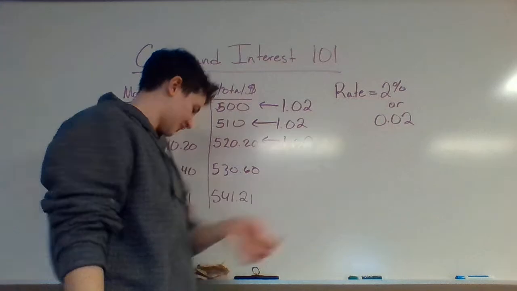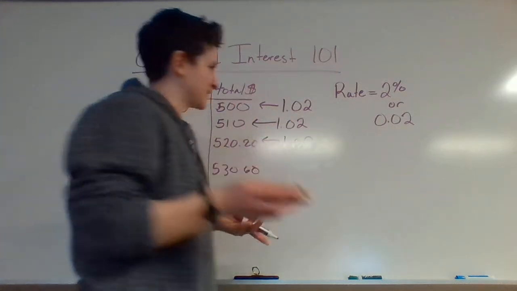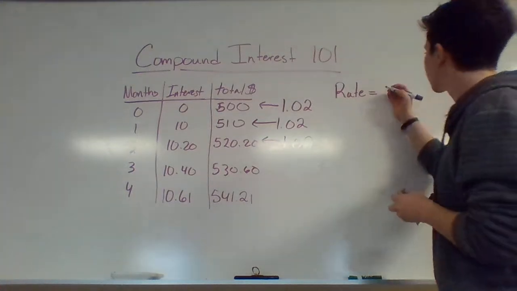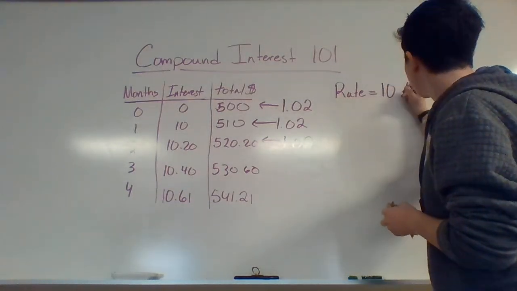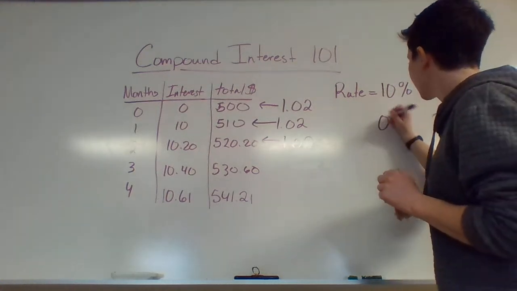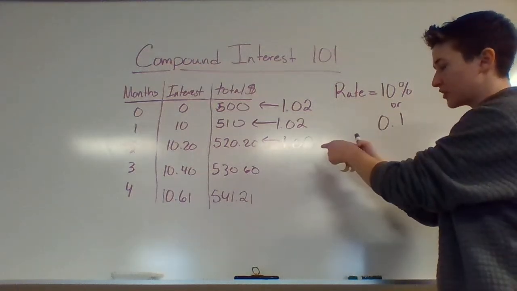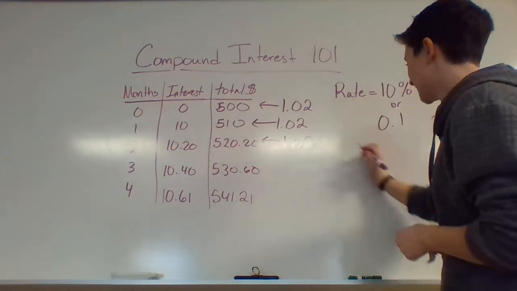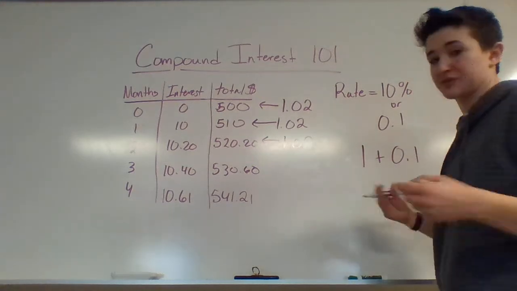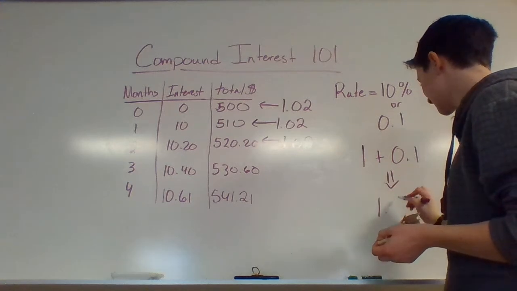So let's say, for instance, my rate was 10%. If I divide 10% by 100, I should get 0.1. Using this formula here, what I'm going to multiply every time by is 1 plus 0.1. It's 1 plus whatever my rate is, which should equal 1.1.